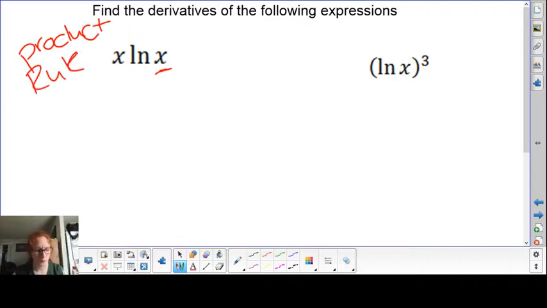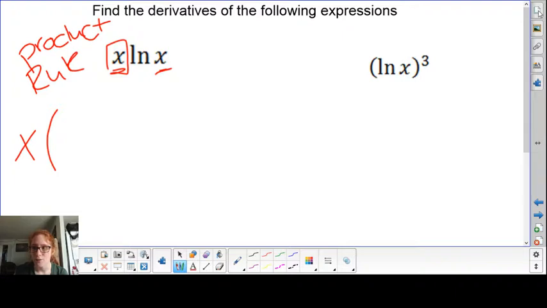Okay, so the product rule tells me I have the first. In this case, my x, because that's the guy out front, so there's my first term, times the derivative of the second. Now, we said that when it was multiple things, we let u be whatever's inside.